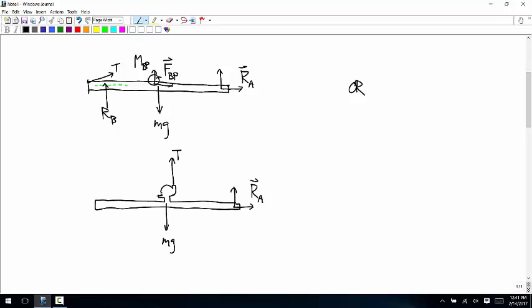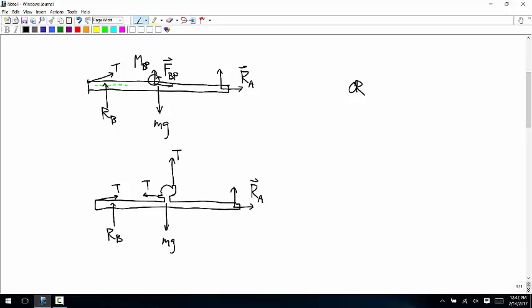So you have a T there, and then we get around to this other place where the other end of that cable is attached. You have a T there. And then the last force is this RB. Any questions about that one?